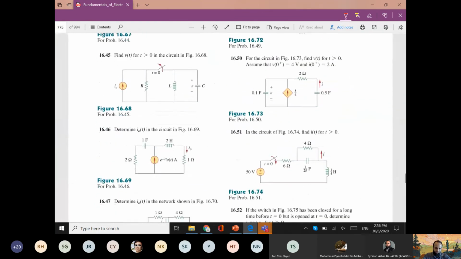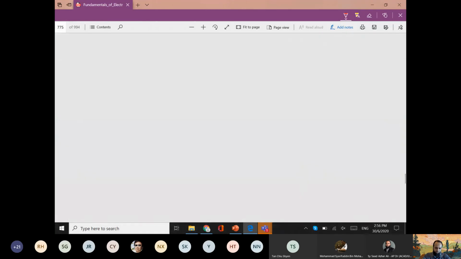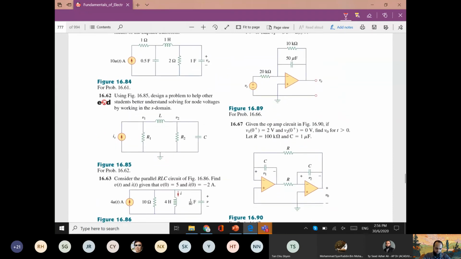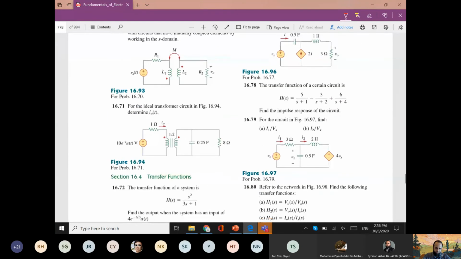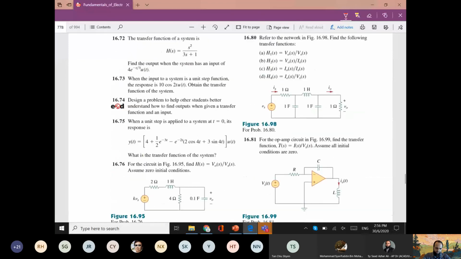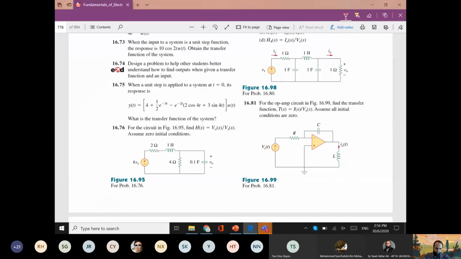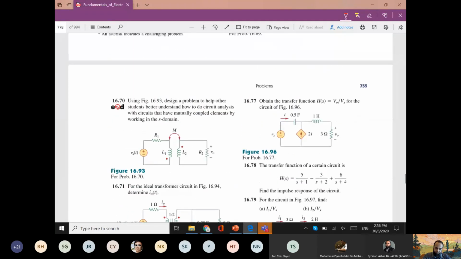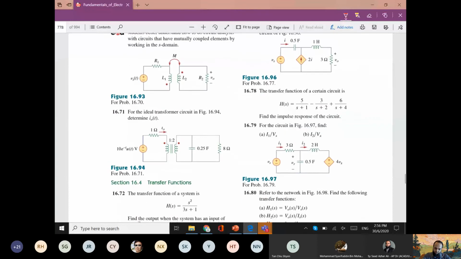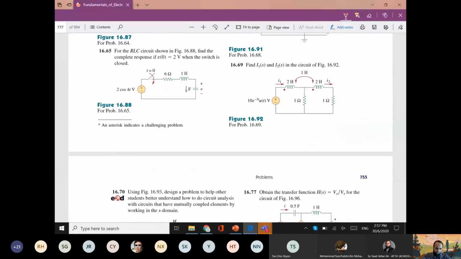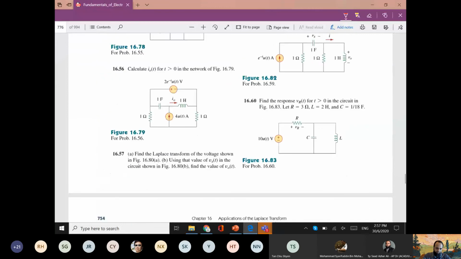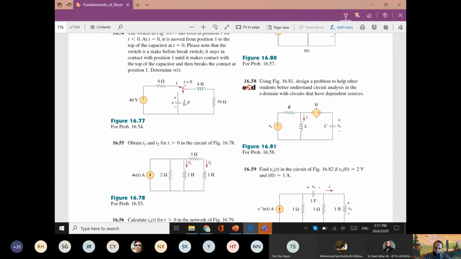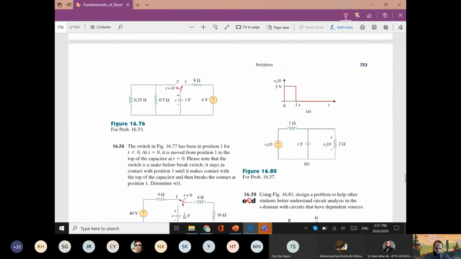Let me move to transfer functions. One question from transfer function. Are we there yet? Okay. Transfer function. I think these are the 3 questions I gave you. So let me just go to some other question. Maybe there's nothing of value here.